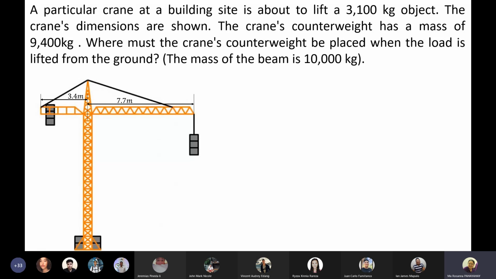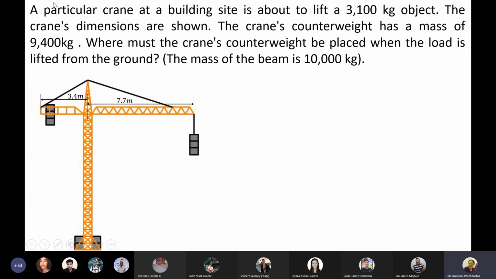So I have here a particular crane. Okay, so this is a crane. What we call the lever arm here is a jib. So that is a jib. One jib, this is the second jib. So if you are assigned, say, as an engineer who is going to measure how much weight you will use to counter this weight.